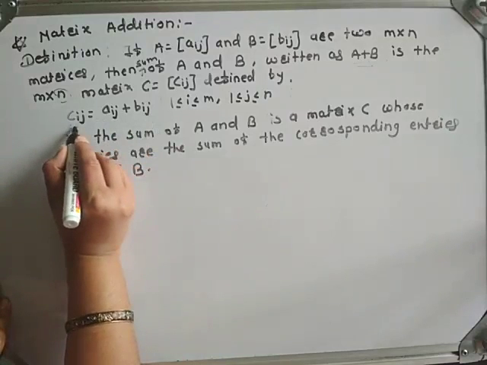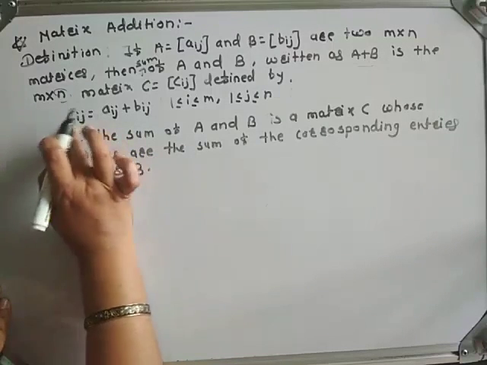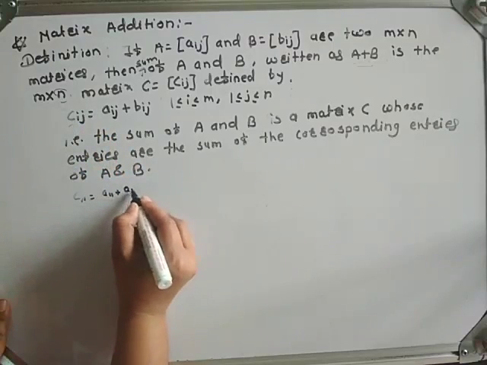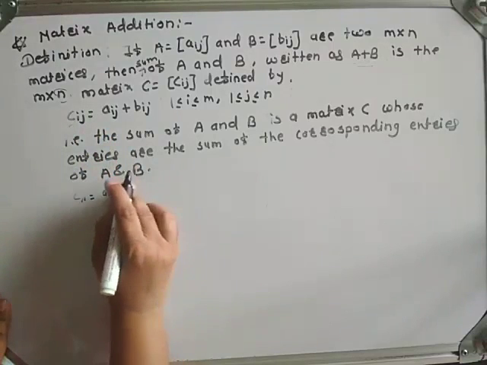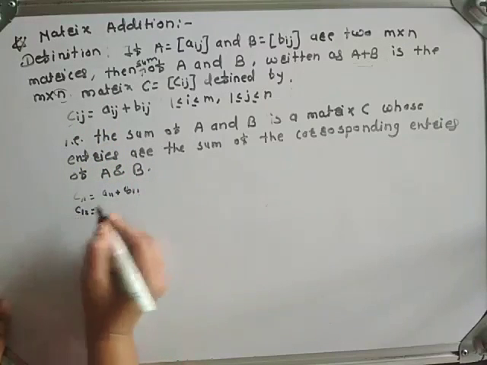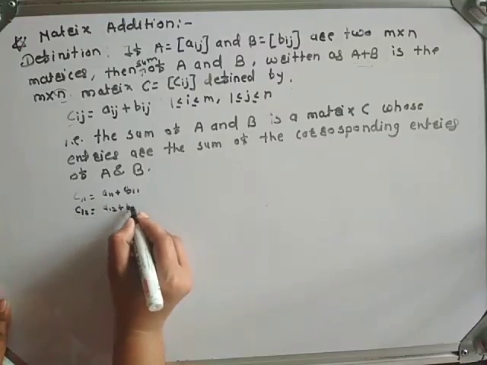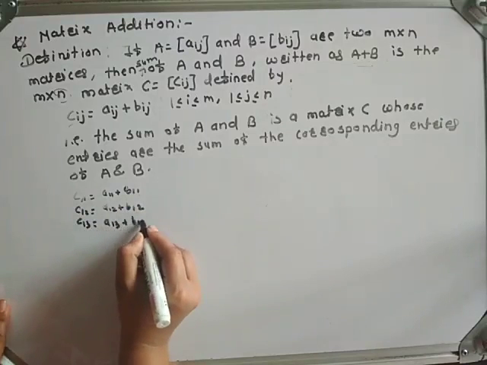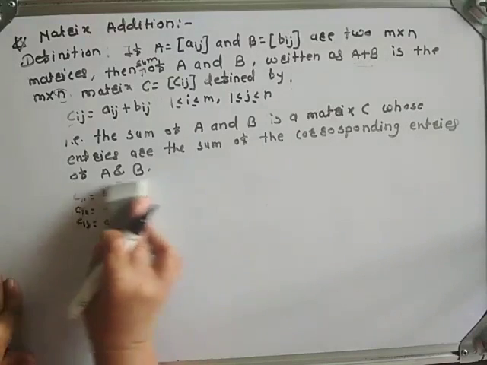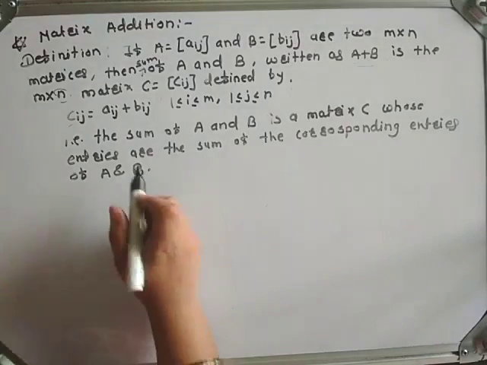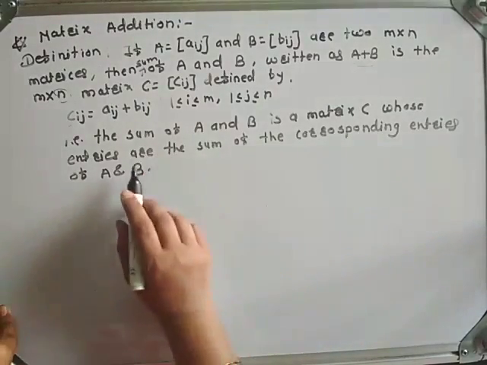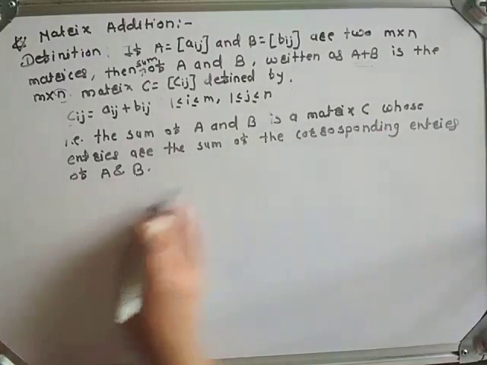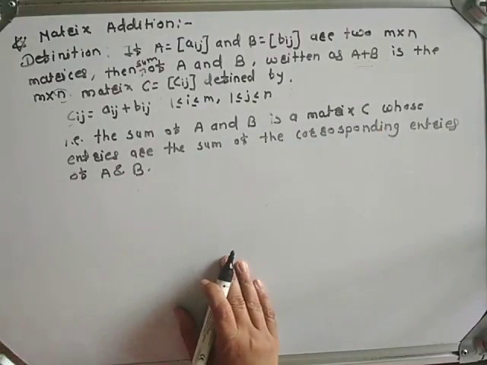That is, C11 is equal to A11 plus B11. C12 means A12 plus B12. C13 means A13 plus B13, and so on. That is, the sum of A and B is nothing but the matrix C whose entries are the sum of the corresponding entries of A and B.